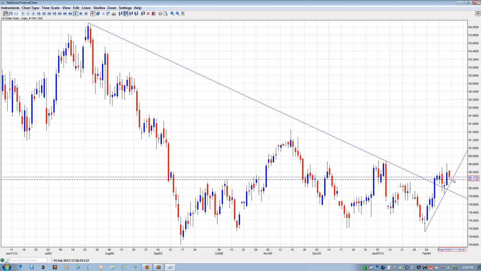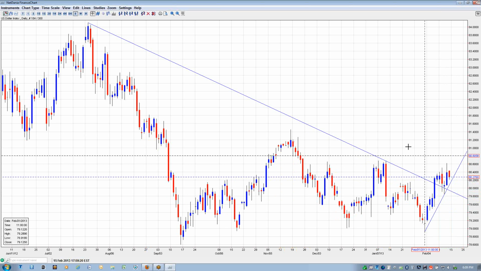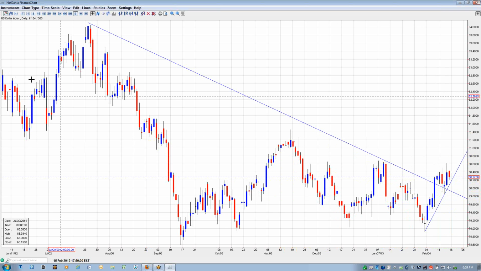So it's just going to fill that little void at the moment before prices indicate if they're going to break back down to the downside and come down and test around the 79.80, or in fact go back up to test the 80.60 first off and then push on to create higher prices. So it looks like it's going up for the moment on the dollar index. Interesting.